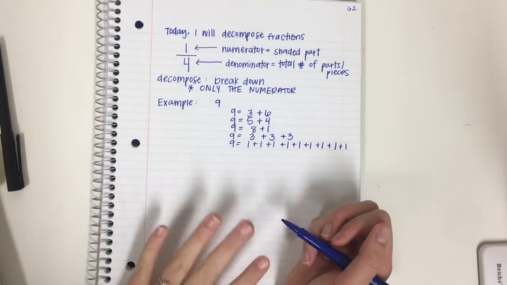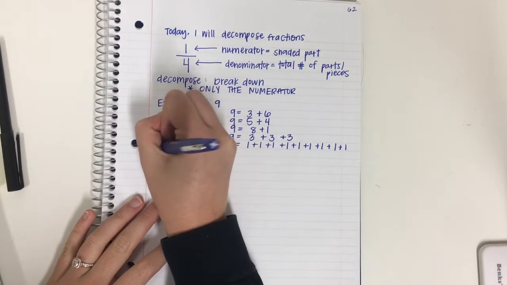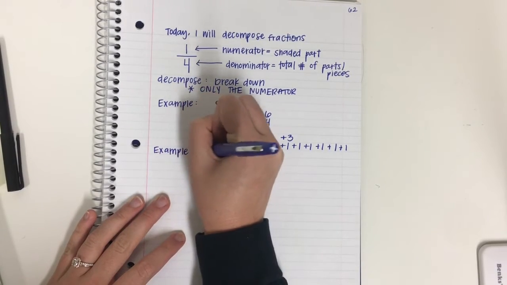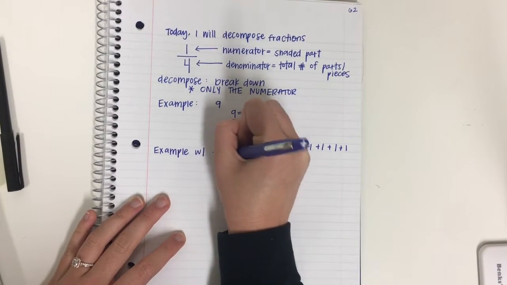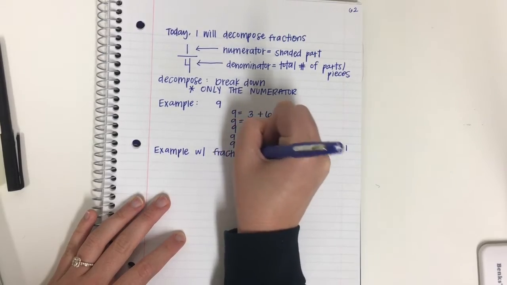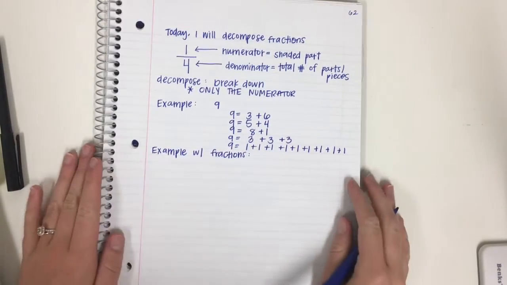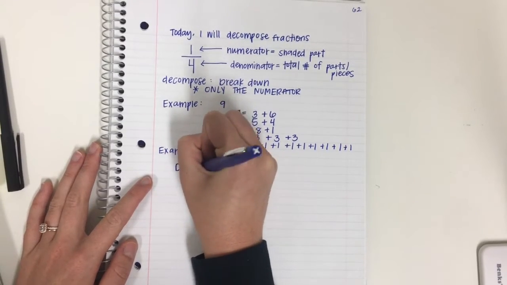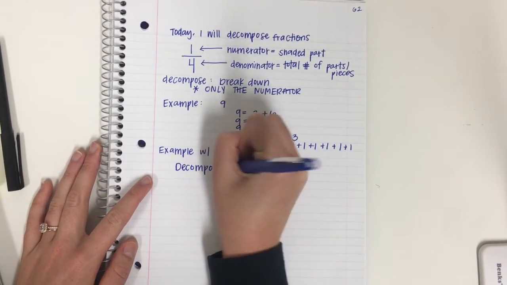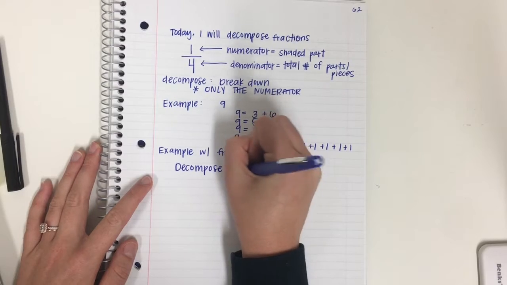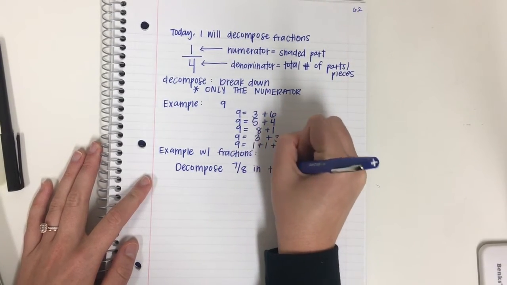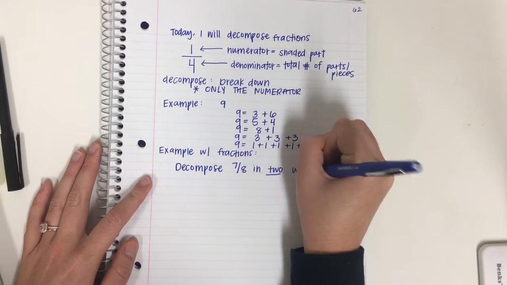So let's look at an example with fractions. So I'm going to write example with fractions. Let's say we get a problem that says decompose 7/8 in 2 ways.